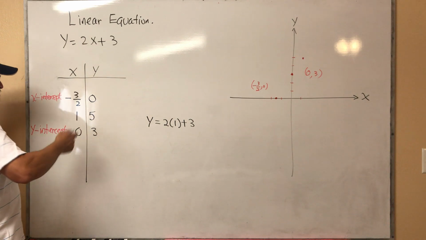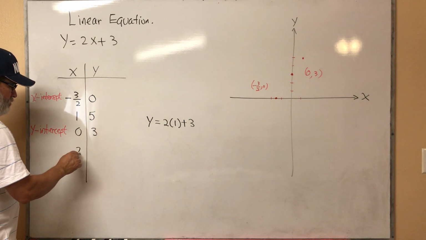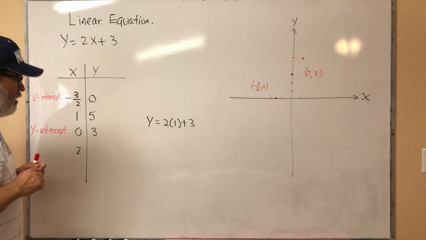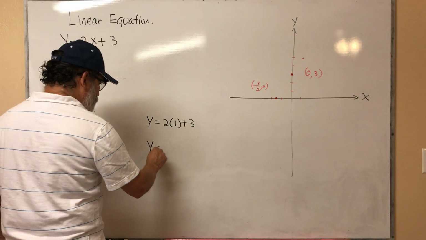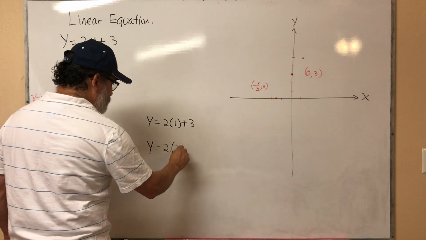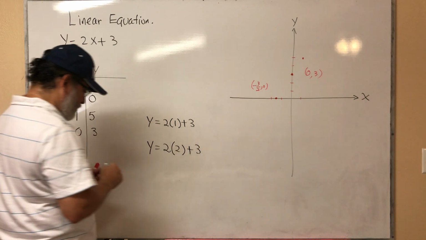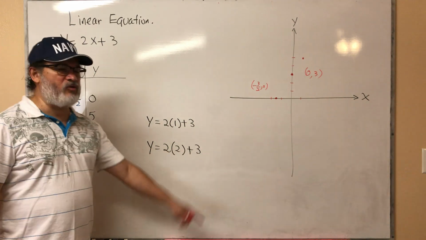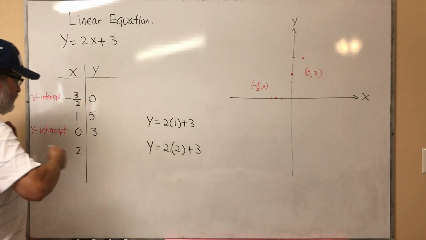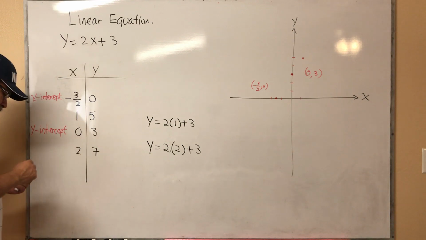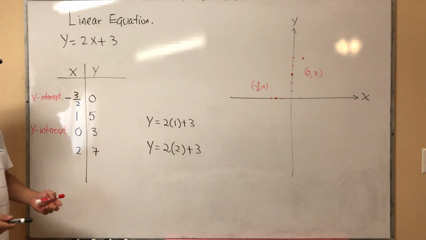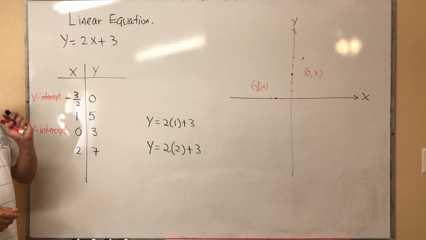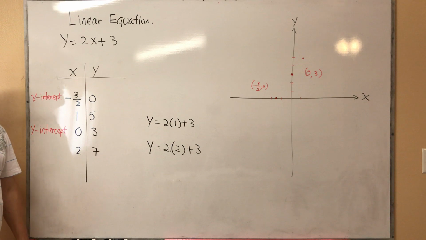Okay. What should I do? Let x be 2. Okay, plug it in. So y equals 2 times 2 plus 3. And what's 2 times 2? 4. And what's 4 plus 3? 7. So this is 7. You see? And so we find 2, 7 on the xy plane.